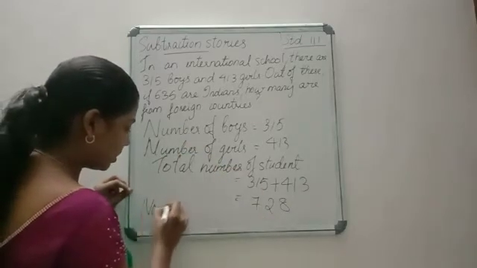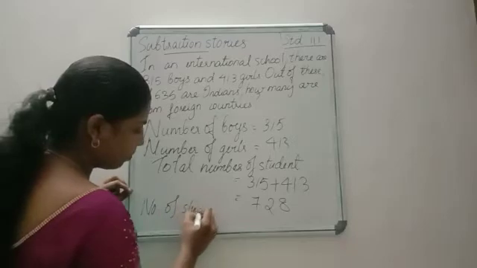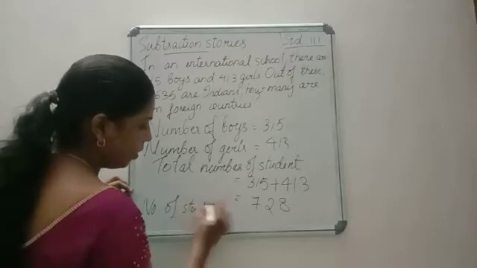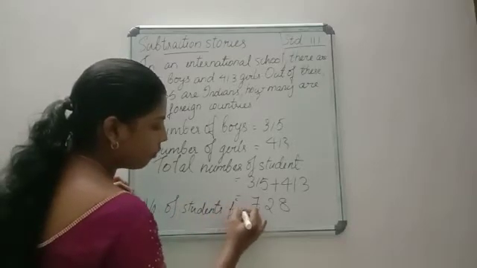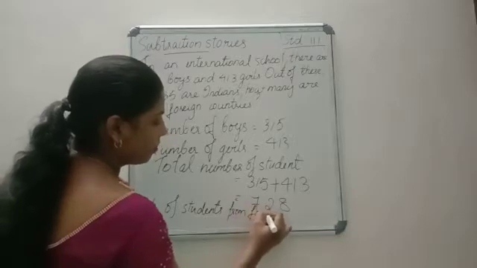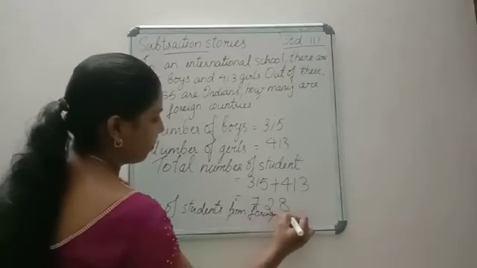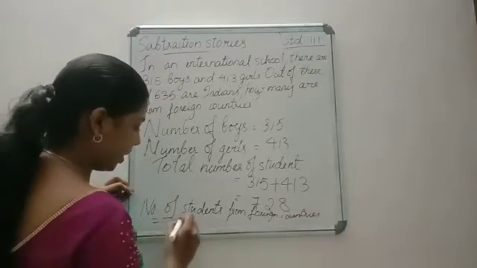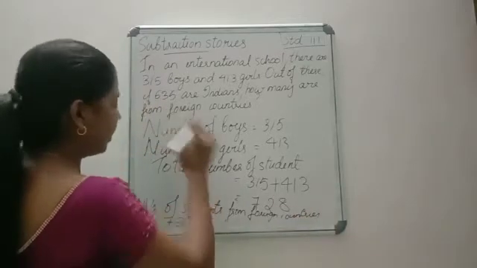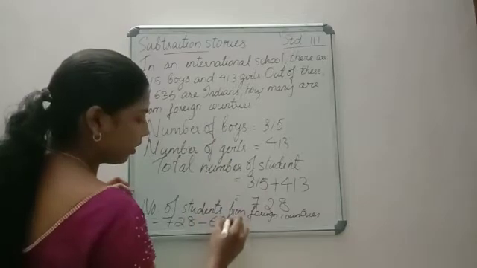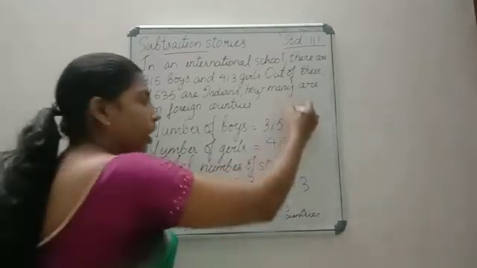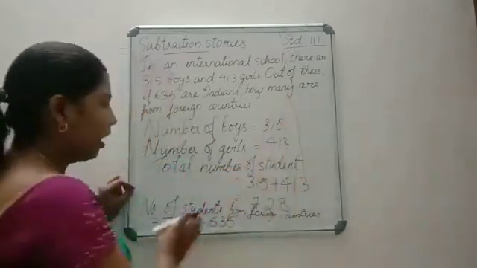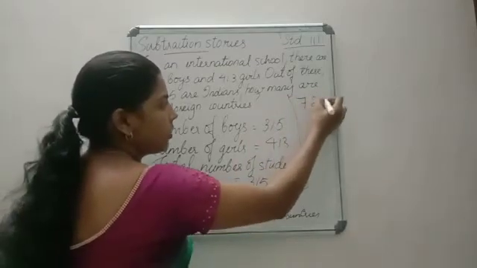How will we find it? 728 minus 635. You can draw a column and subtract. I am just doing it here.